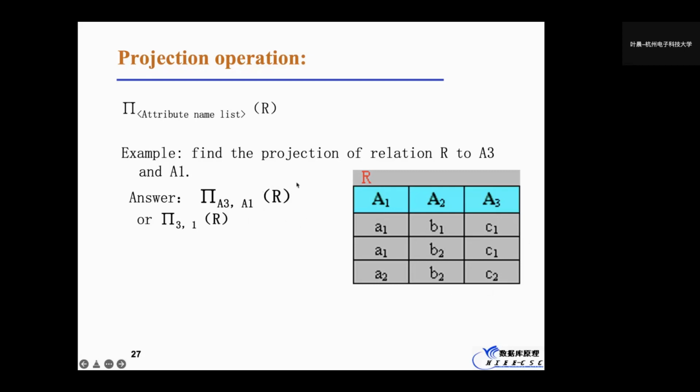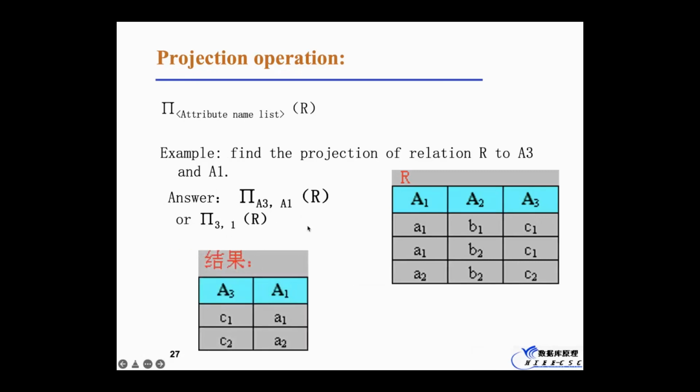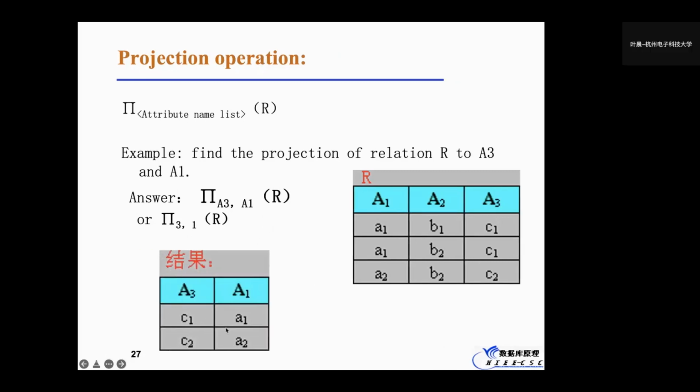Here you can also just write the numbers of the columns. So the result is C1, A1, C1, A1, and C2, A2. Because the result has duplicate tuples, we remove one and finally get C1, A1, C2, A2.